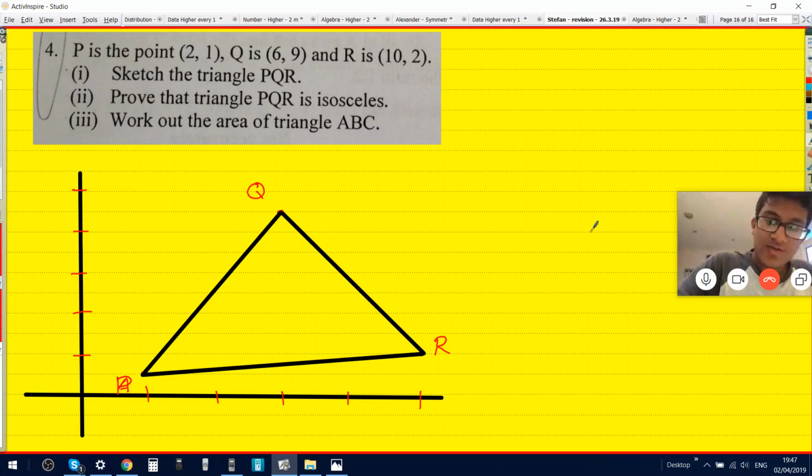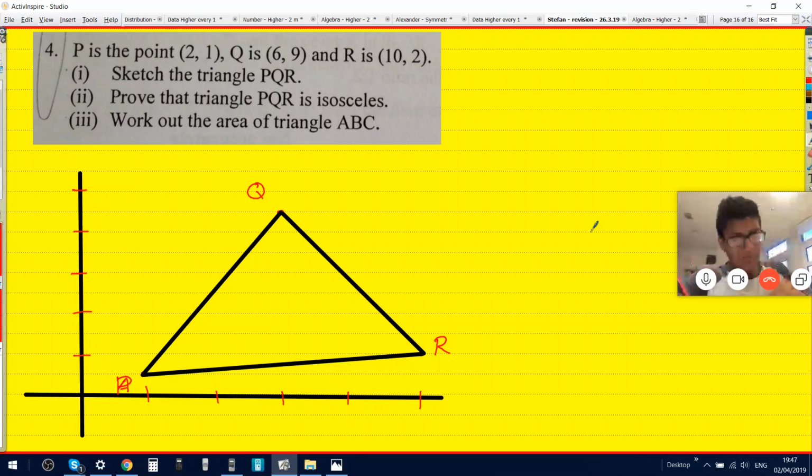We've got 2 to 6, which means the change in x is 4. And we've got 1 to 9, which is 8. Length PQ is the root of 8 squared plus 4 squared, and I get 4 root 5.